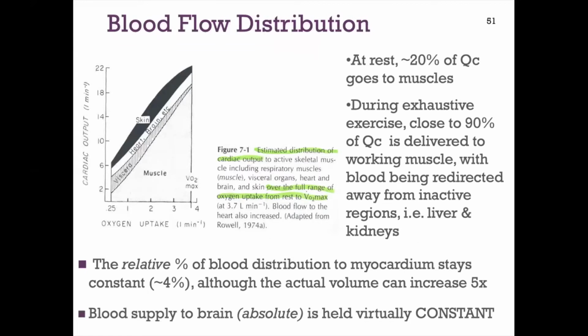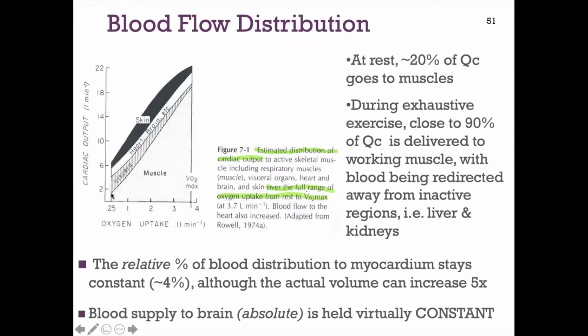It's only about 20%. It's not a large amount, right? During exhaustive exercise, though, close to about 90% of our cardiac output is delivered to our working muscles. So it's being redirected from other places, as well as increasing the amount of the cardiac output.